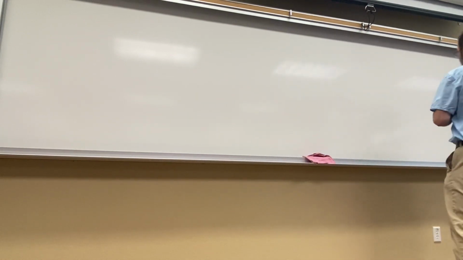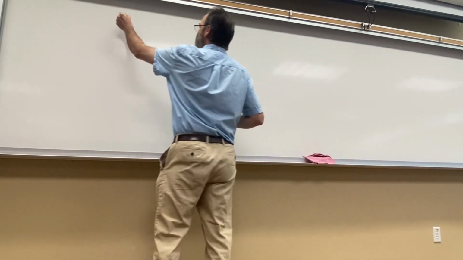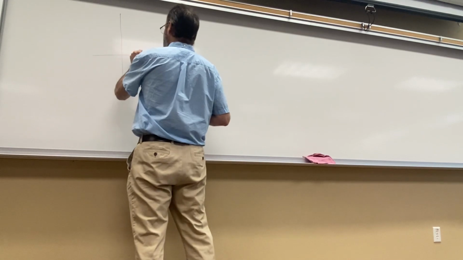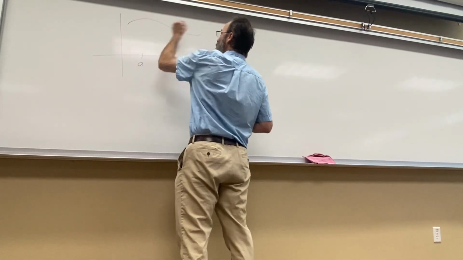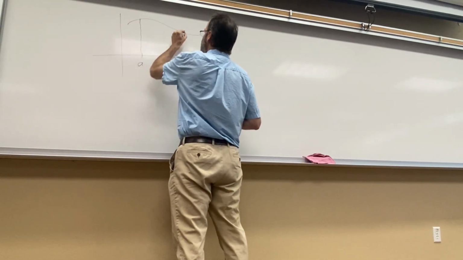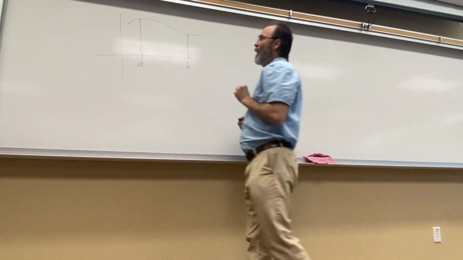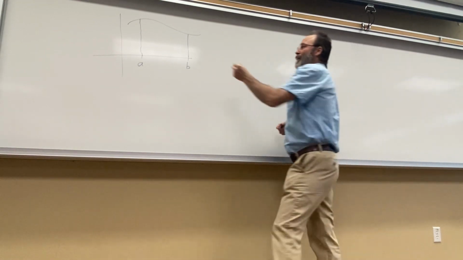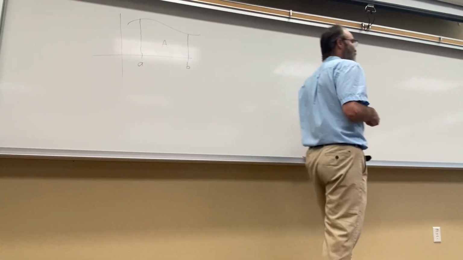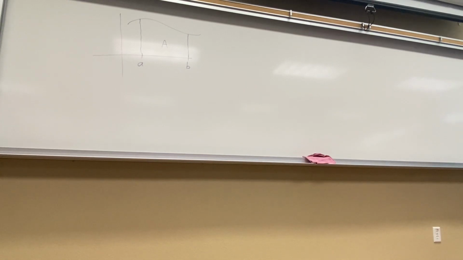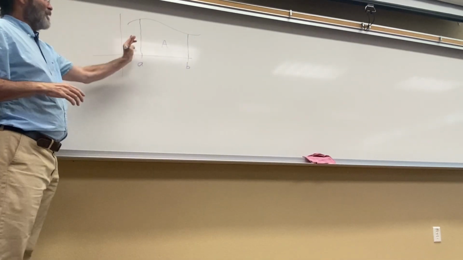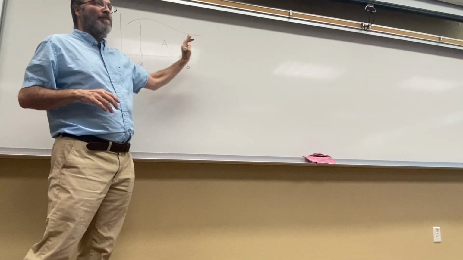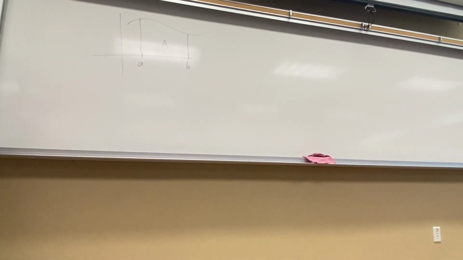And so say we have a function and we have 2 points on the x-axis, A and B, and our goal is to find the area of that region. The region bounded on the top by the curve, on the bottom by the x-axis, on the left by A, and on the right by B. So we want to find the area of that.